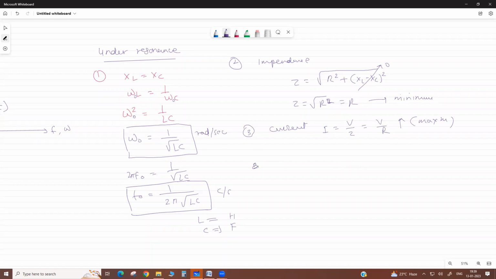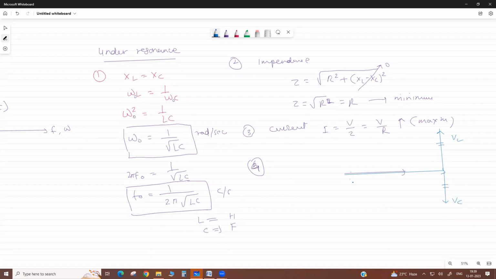Then if you calculate the power factor, draw your phasor diagram. Suppose this is the current I. Due to this current, the drop in resistance is in phase with the current, and these two drops are equal and opposite. They cancel, so VL and VC cancel each other.